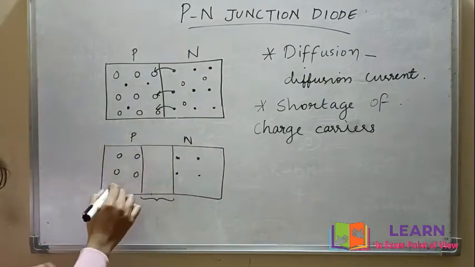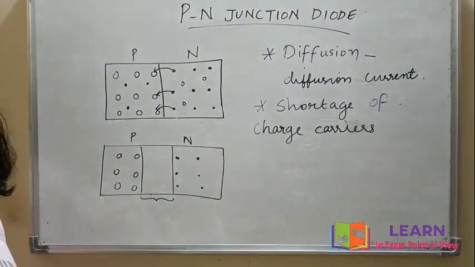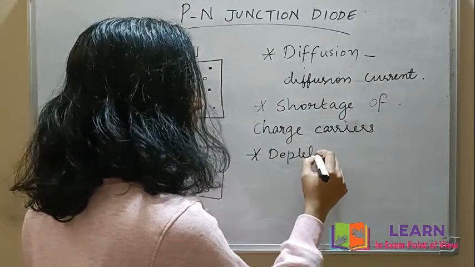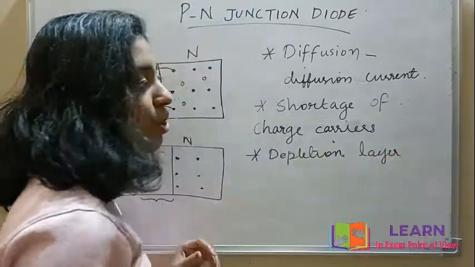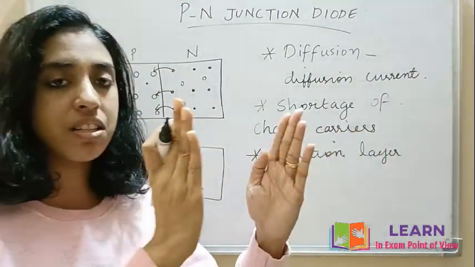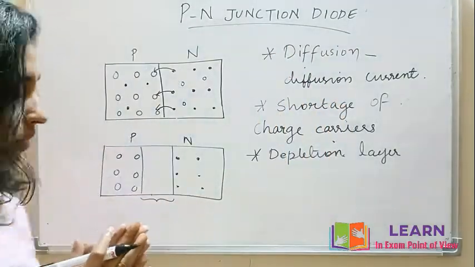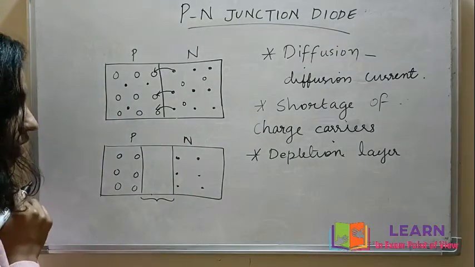And this layer is known as the depletion layer. That name is important. This layer forms due to the shortage of charge carriers. Okay, depletion layer.